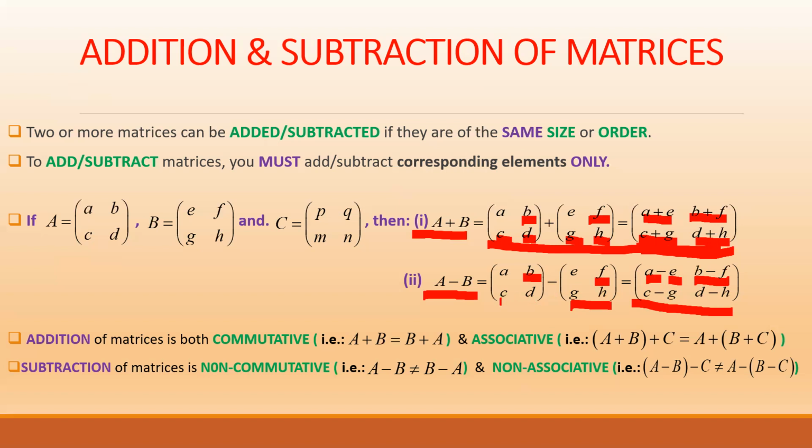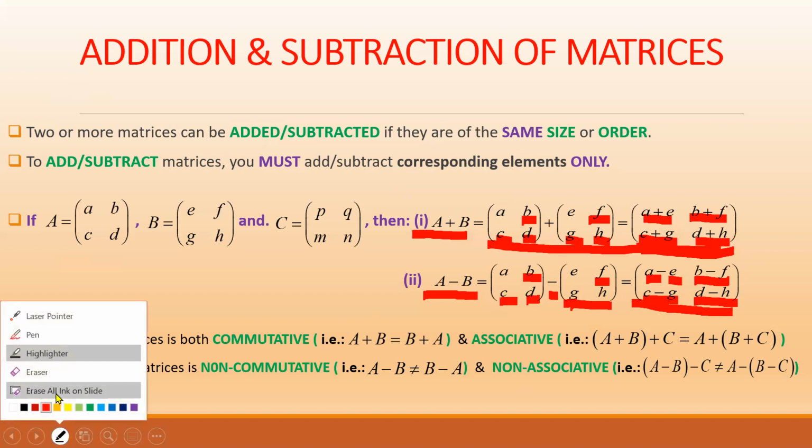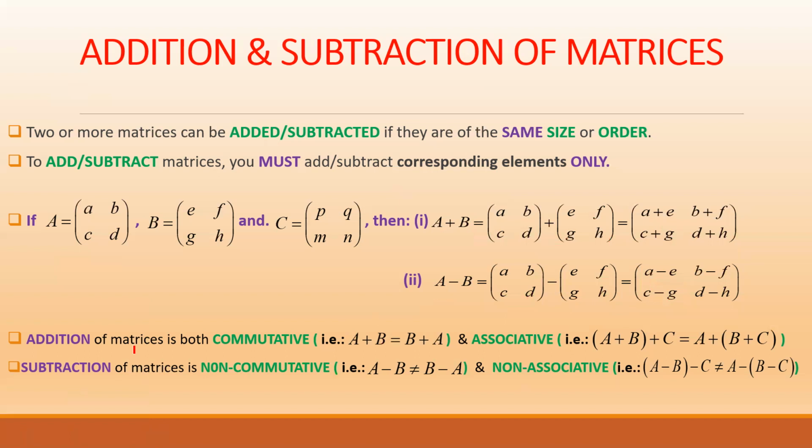And we move to C subtract G, right? And so that comes right here. And the last element that we are to subtract is D take H, so that would give us D take H right there. And so, guys, that is how we add or subtract matrices. We add or subtract corresponding elements.